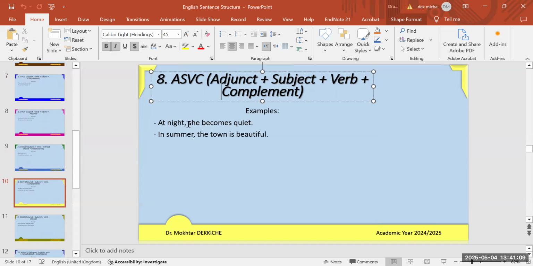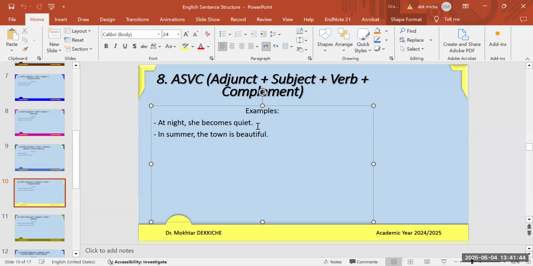At night, she becomes quiet. In summer, the town is beautiful. Also, we can say that she became quiet at night, and the town is beautiful in summer. But here we can play with the adjunct. We change the adjunct to make the sentence well structured.